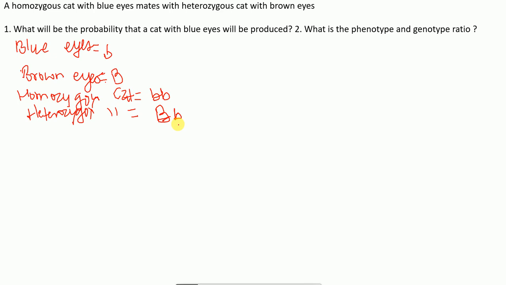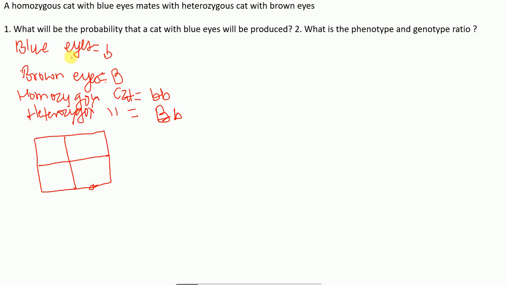So now we have to make a Punnett square, because to solve this problem we have to make a Punnett square. Let me draw a Punnett square like this here, okay. So we have a homozygous cat.